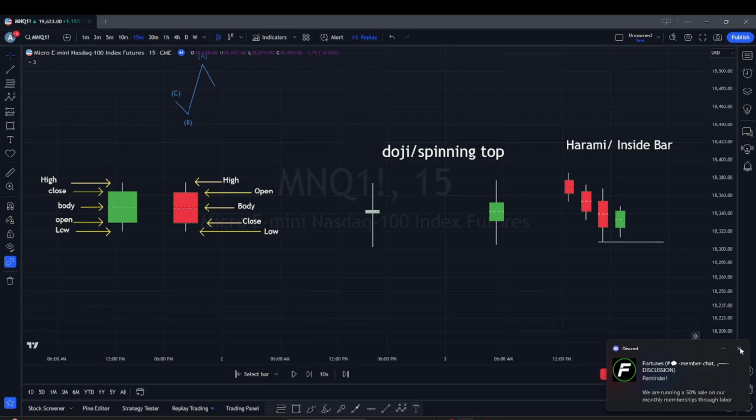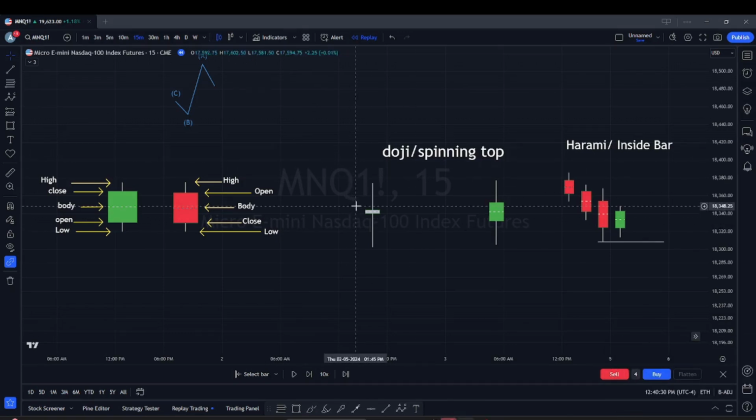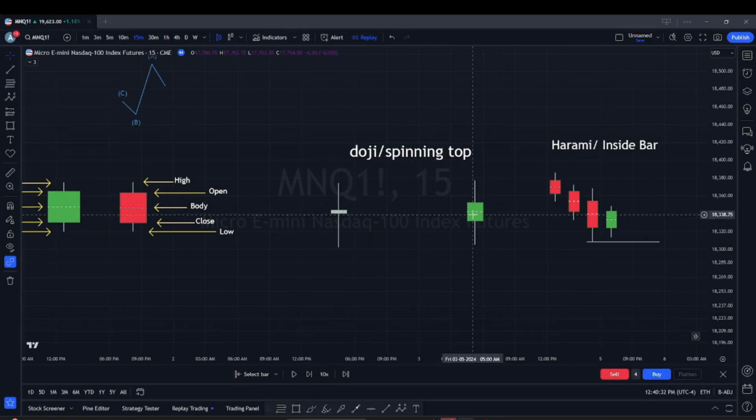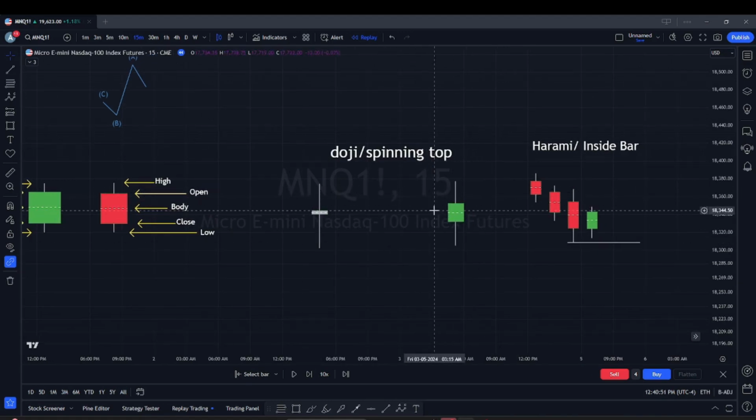But your doji candle or your spinning top is showing that there's a tight range of price movement or confusion in that particular asset or in the market, or buyers and sellers are agreeing on a price for the time being. So this doji candle or spinning top could be a period of consolidation on a smaller time frame.